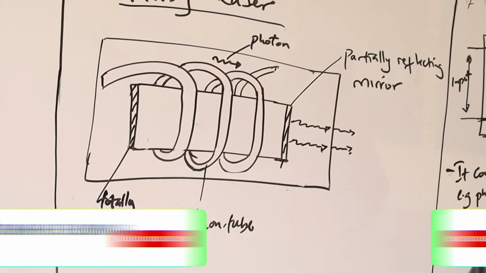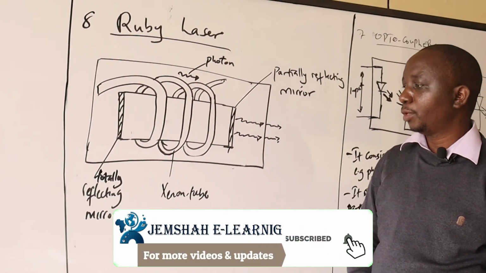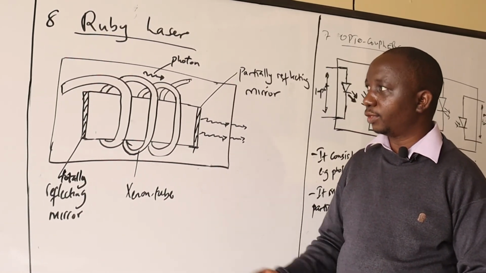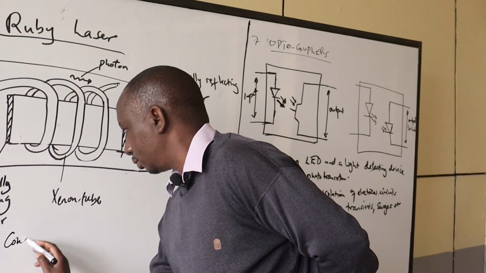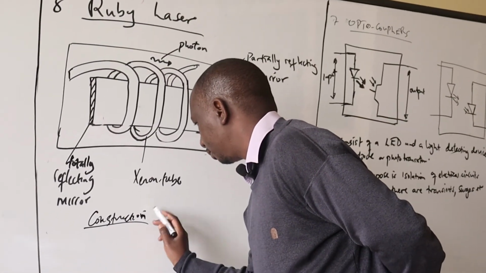So look at this. This consists of two mirrors, a totally reflecting mirror and a partially reflecting mirror, and a xenon tube. The xenon tube is for generating the electrons. So we're talking about the construction.